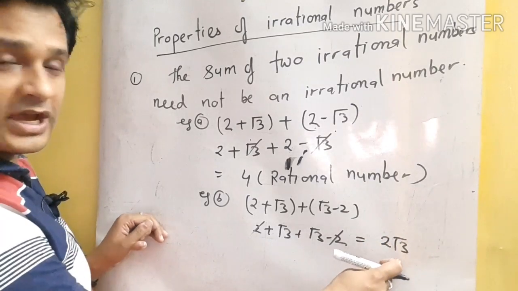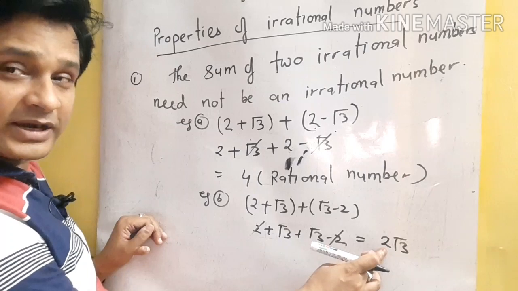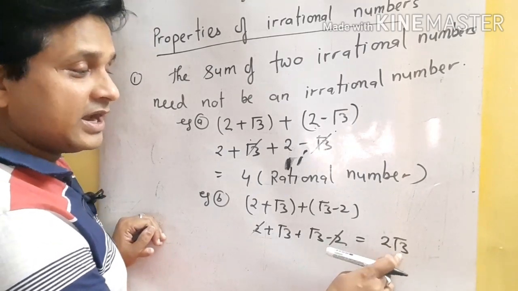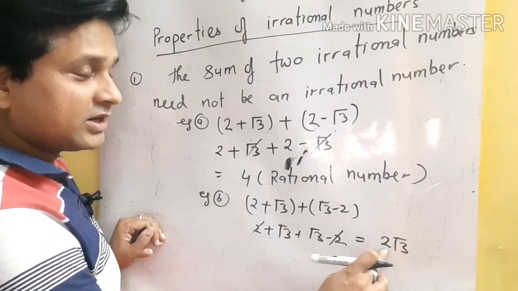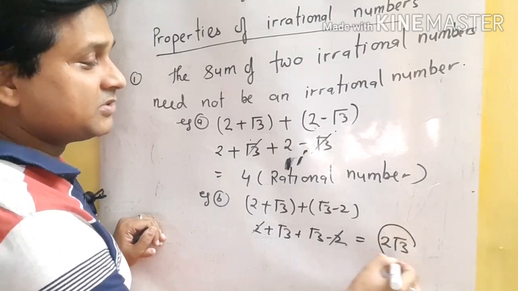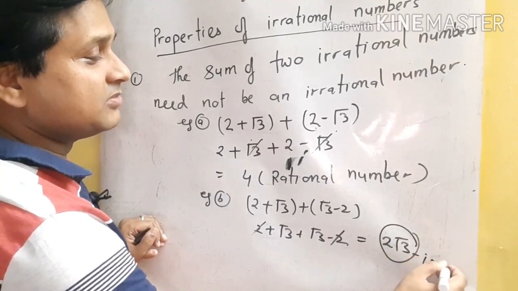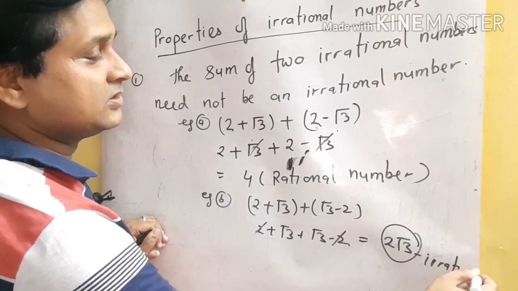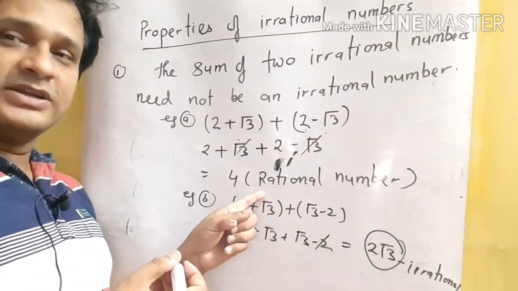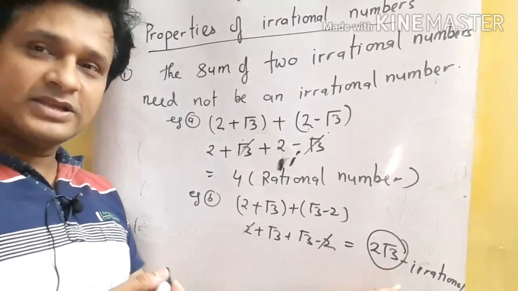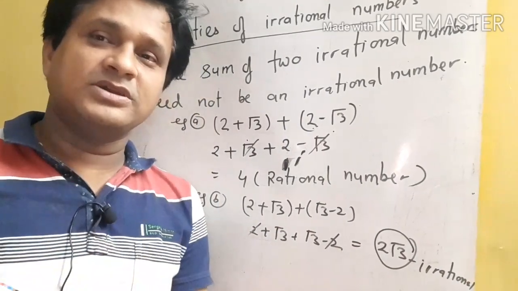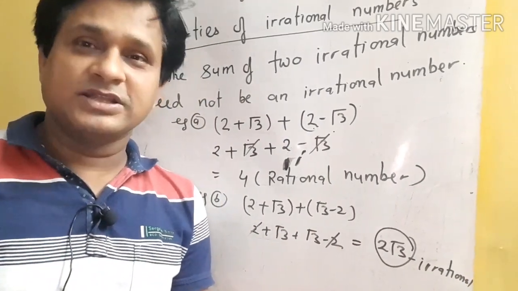So how is it an irrational number? Because 2 is a rational number and root 3 is an irrational number, and the product of a rational number and an irrational number is an irrational number. So this is an irrational number. You can see both were irrational numbers. In one case we got a rational number, in the other case we got an irrational number. So remember children, the sum of two irrational numbers need not be an irrational number.